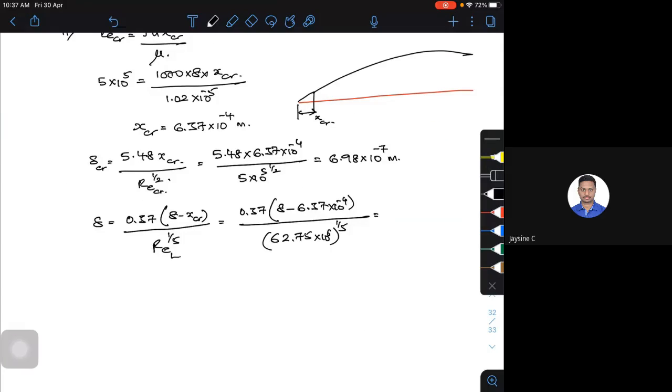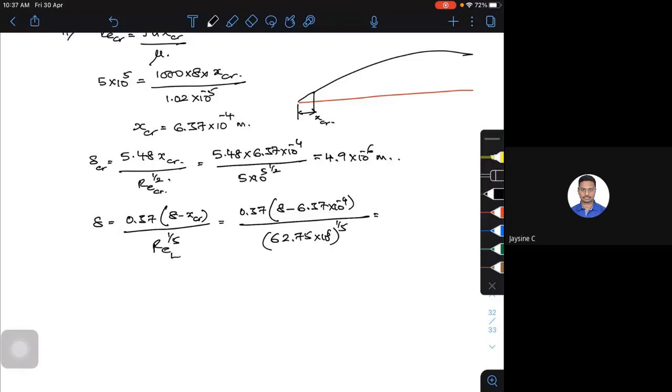Sir, delta critical I am getting 4.9 into 10 to the power of minus 6. So it's very small, that is sure. But delta on the turbulent part will be around 0.07 or 0.08. Sir, 0.0816. Okay, fine.